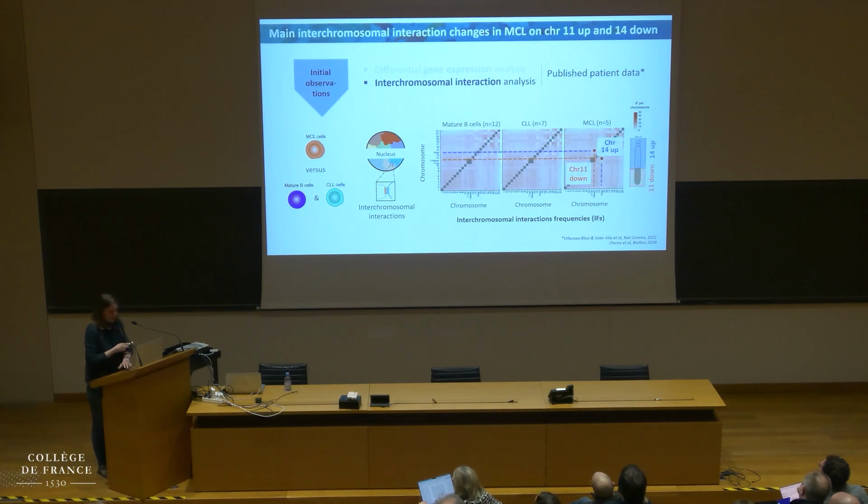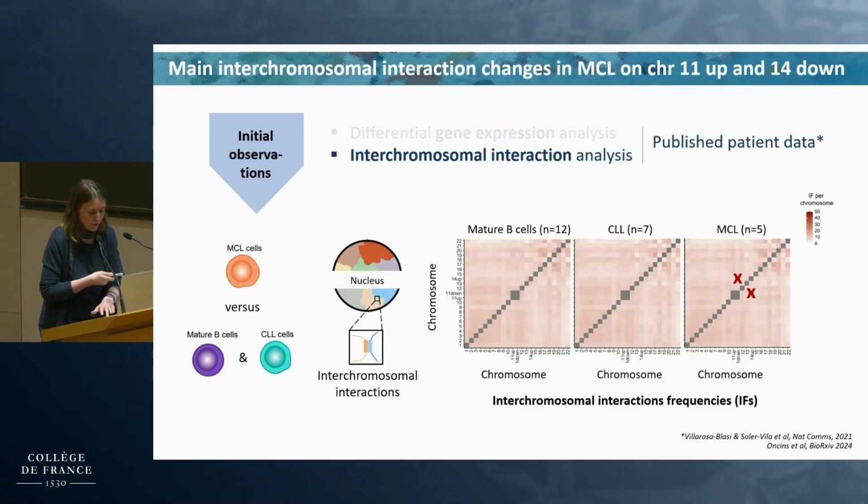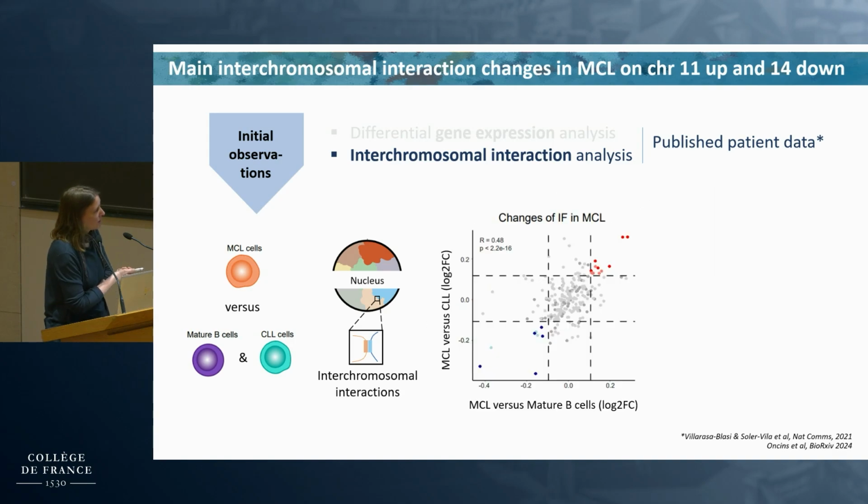The first thing that you can see is this dark spot, which is basically the interaction of chromosome 14 up with 11 down. So here you can see we can pick up the translocation. Of course, this is not what we're really interested in. We look at other changes because this is an expected result. So we basically removed this from our analysis. And then we compared the interchromosomal interaction profile of mantle cell lymphoma with our two control samples. This is what you can see over here.